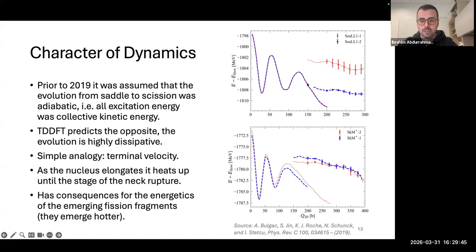If you look at the difference between the potential energy and the intrinsic energy, it keeps increasing because the intrinsic energy is roughly a constant. So this difference can only be temperature. And this has a lot of consequences for what is the energy of the fission fragments, if you assume what's known as the adiabatic approximation, that it's all collective kinetic energy, versus that the compound system heats up as it evolves towards fission.